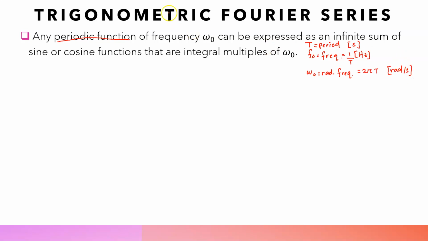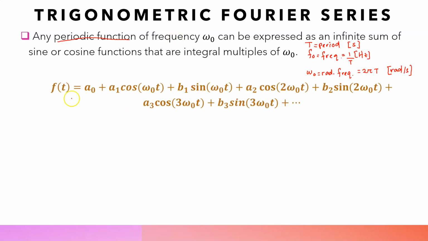If we represent this sentence with a mathematical equation, it looks like this. The Fourier series of the function f of t is given by this equation, the sum of cosine and sine functions with integral multiples of omega o.